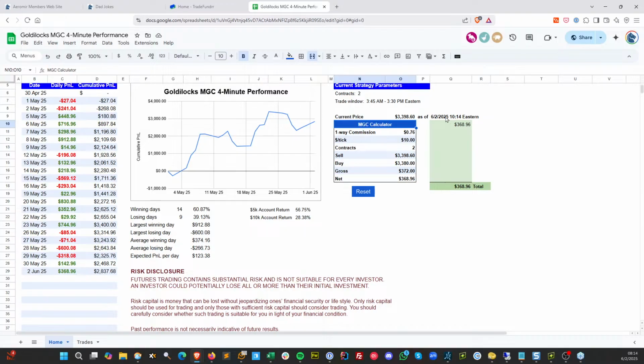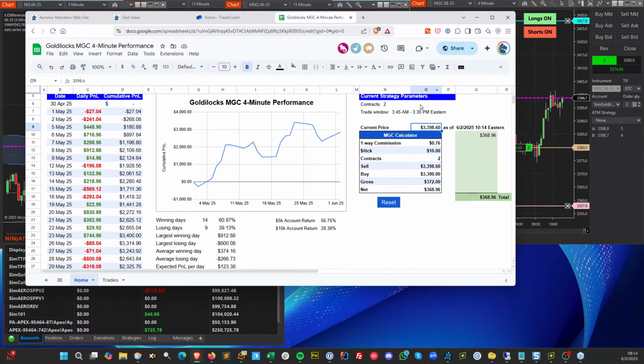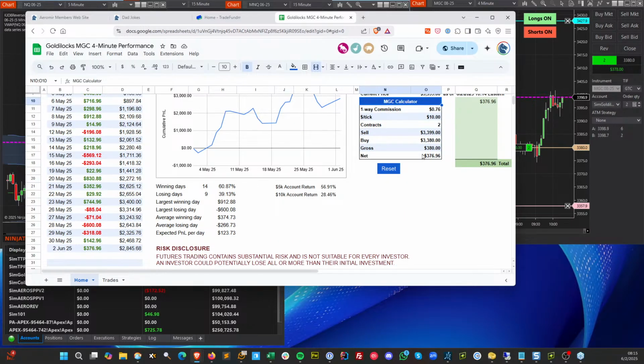You can see the last time I got it. So if I manually set this, let's go 33.99. And this will change fairly soon, but you can see it's updating the current price. So I have this to put in closed trades, P&Ls, and then this is the current one from here. It adds it all up, and that's the total for the day, and it puts it in here.